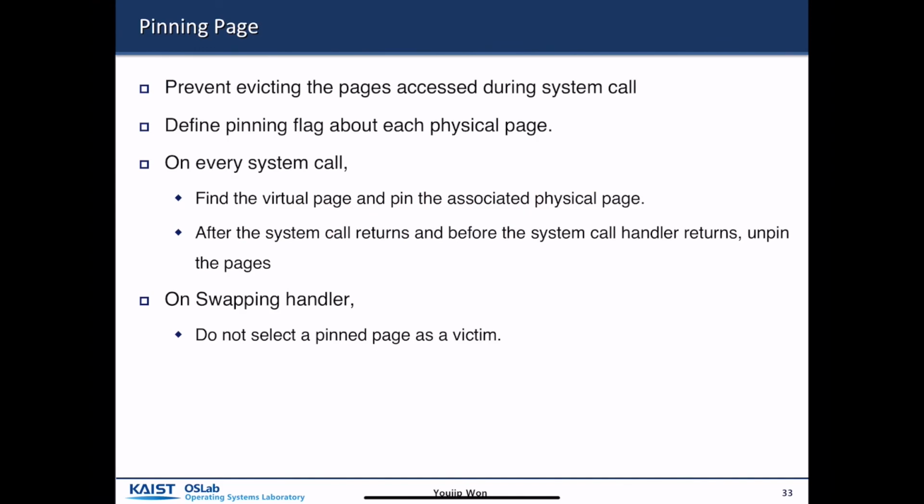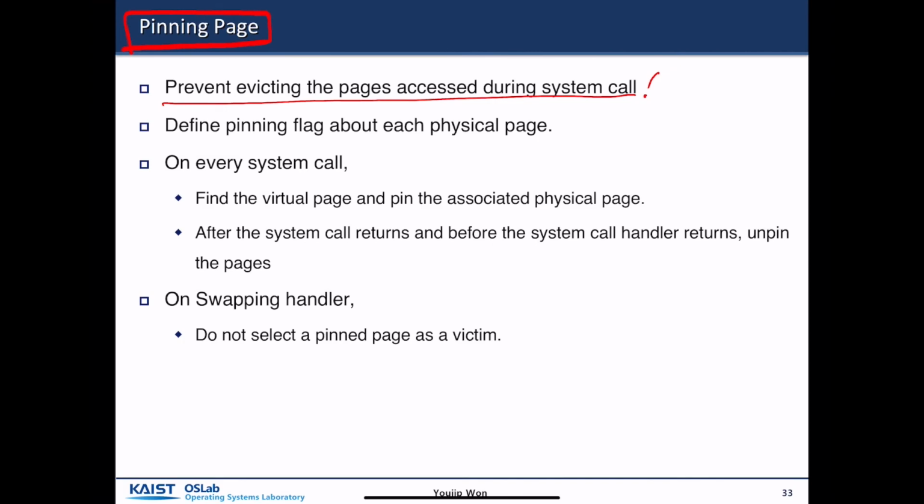So we have to prevent the pages that are being allocated and accessed by the kernel from being evicted. This technique is called page pinning. The objective of page pinning is to prevent evicting the pages accessed during the system call. So this is very important. Whenever you access some page during a system call, you have to pin the page before you start the system call.